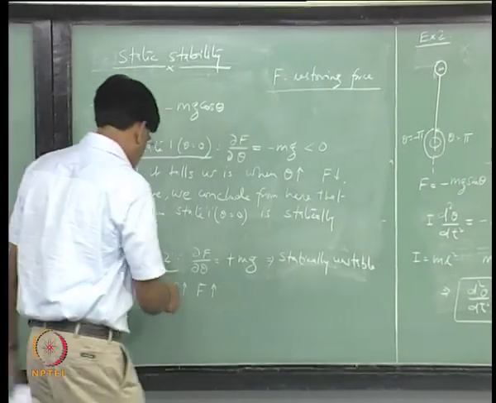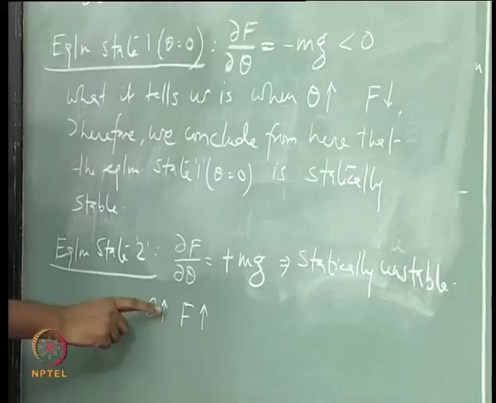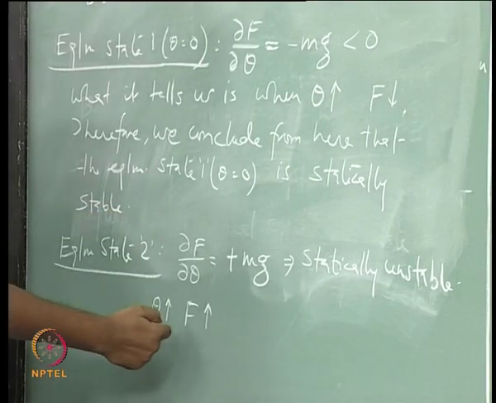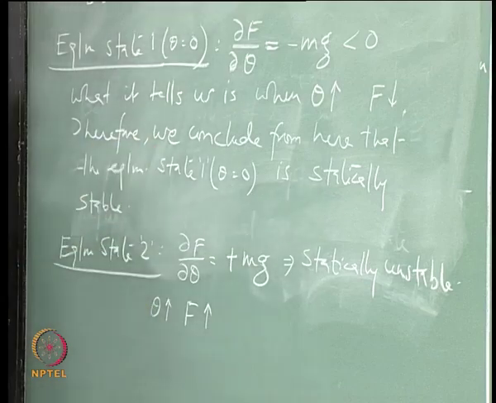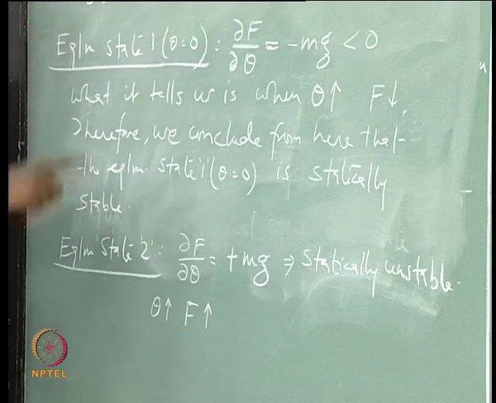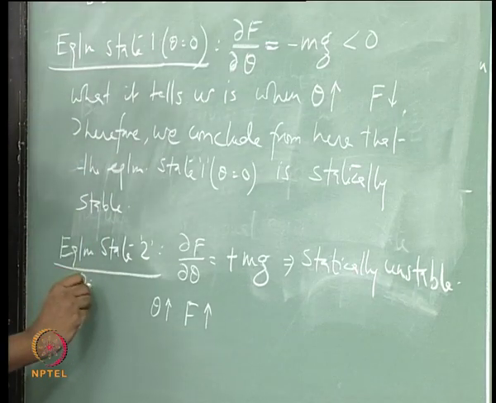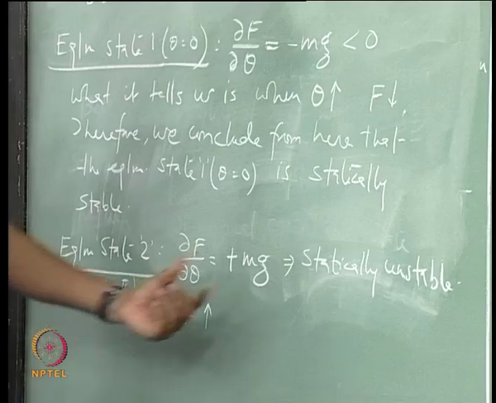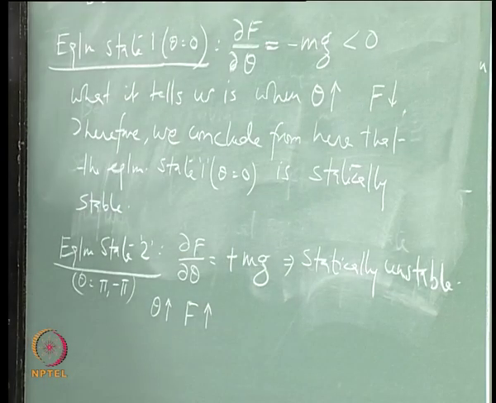Theta is growing, this force is also going up and helping theta to grow further, and that is when we say that it is going to go away from the equilibrium state 2, which is theta equal to pi or minus pi, and therefore, the equilibrium state 2 is statically unstable.